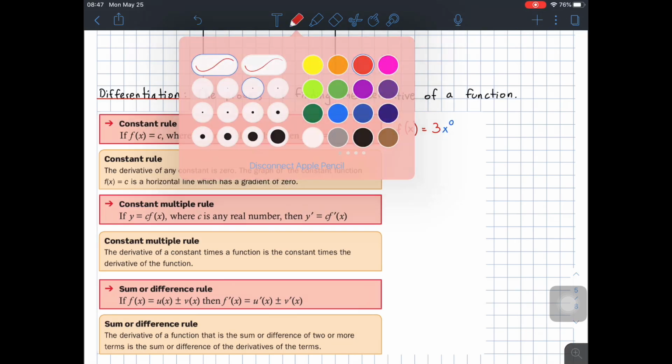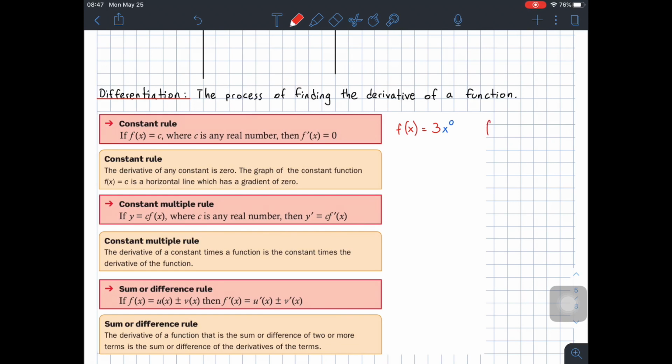And if I differentiate this, if I find its derivative, so f prime of x would be, we follow the power rule and we take the 0 multiplying down here, and 3 times 0 is exactly 0, right? Times x to the power of -1 would be, right? But as we have 0 here, the derivative is just 0, right? 0 times anything is still 0, or 0 divided by anything is still 0.